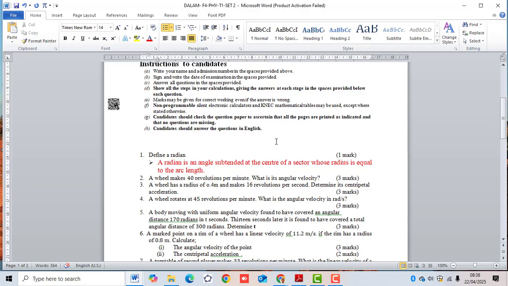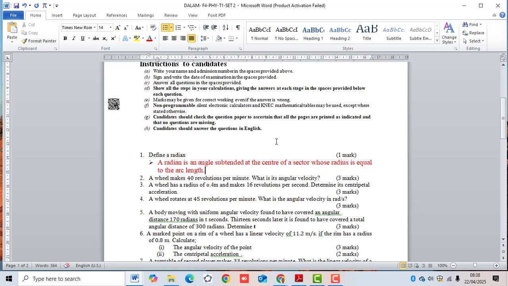So even if we use a circle, and we realize that the length of the circumference of that circle is equal to the length of that radius, then that is automatically a radian measure.